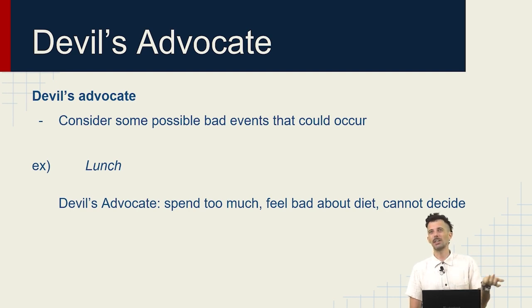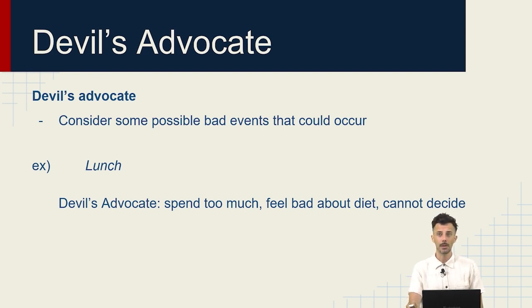So for lunch, maybe you spend too much money. I did that today. Or you might feel bad about your diet because you ate too much meat or too many carbs. And what happens a lot of times with people at lunch is they cannot decide. So that's what the devil's advocate is all about.